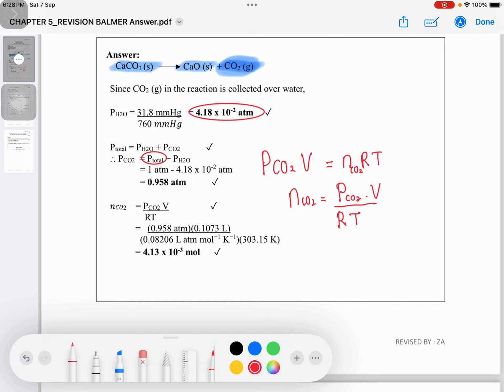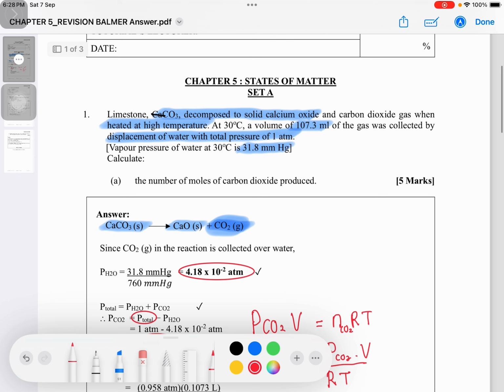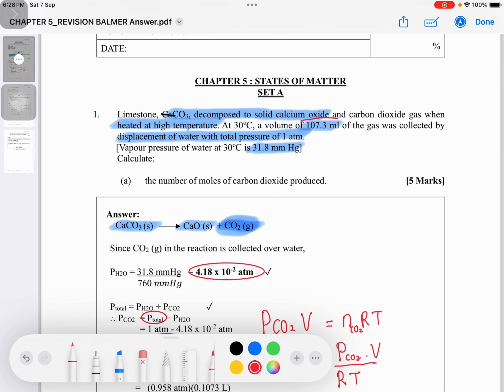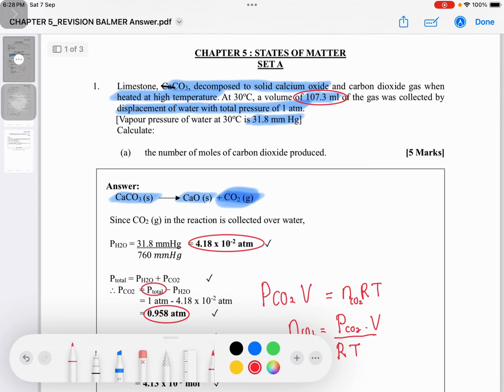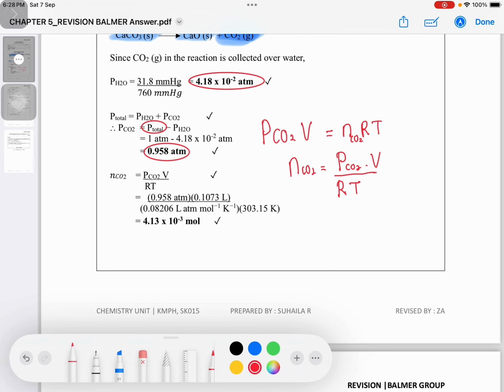The pressure of carbon dioxide from P total just now, we got 0.958 atm. The volume given is 0.1073 liter, which we got from the volume of gas, 107.3 milliliter. R is 0.08206 liter atm per mole per Kelvin.